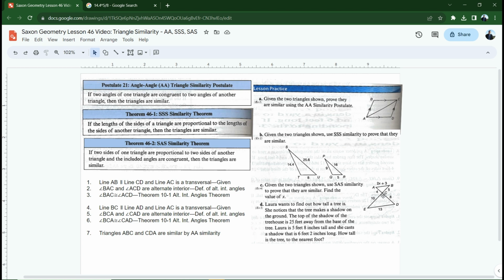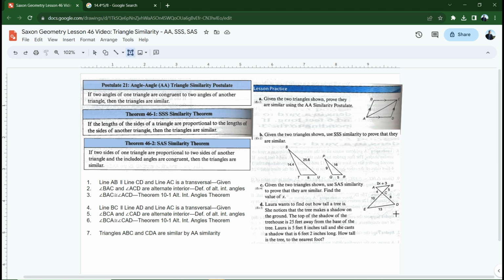And because I'm saying that, I've proven that this side is proportional to this side, and the included angles are congruent. Therefore, the two triangles are similar according to the side-angle-side similarity theorem. Now, just one more step. I need to find the value of x.